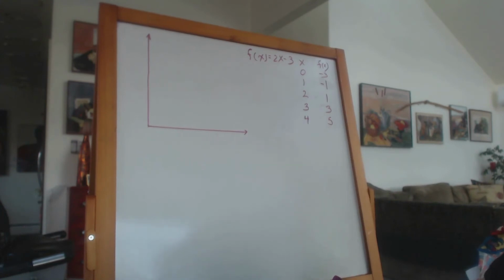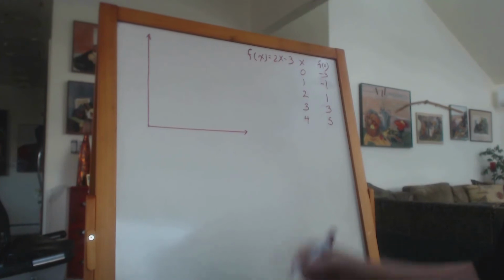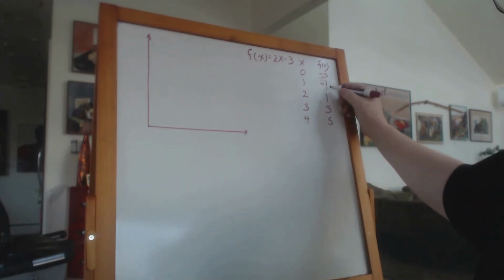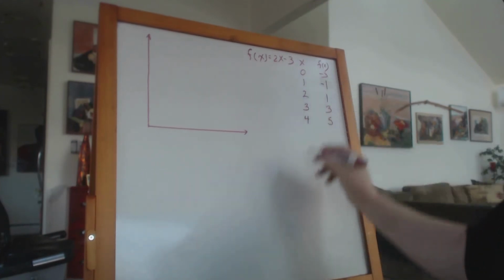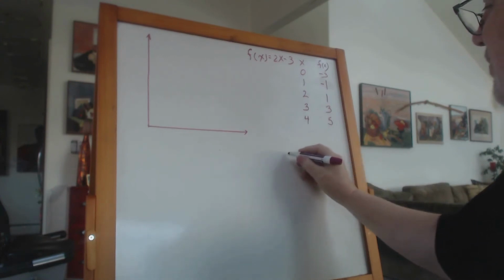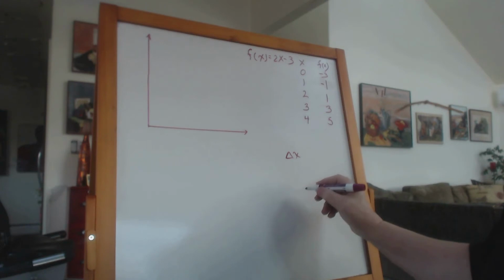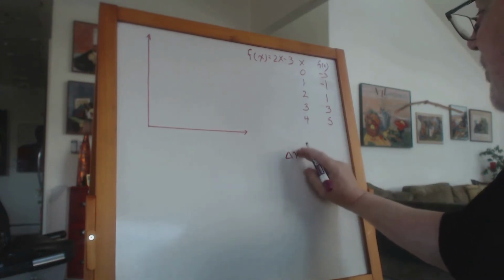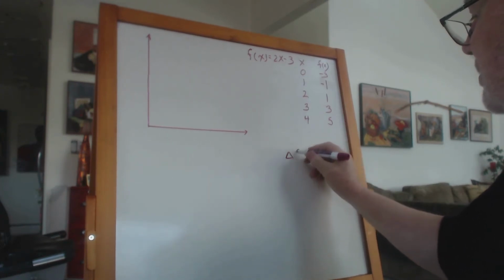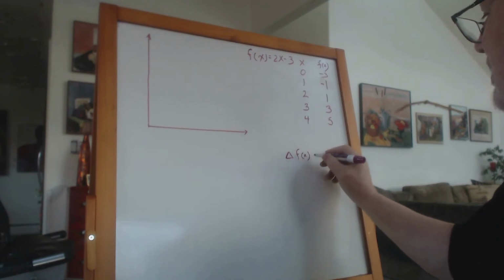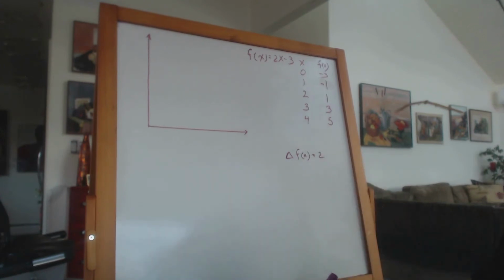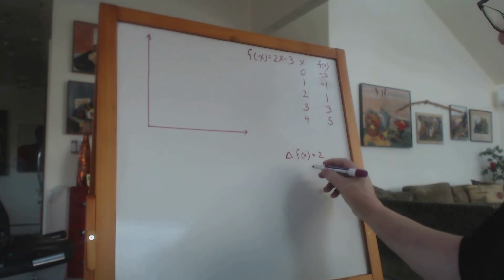And what do we notice about each of these? They are a difference of 2. So the difference in x, or difference of f of x, is 2 for each x.